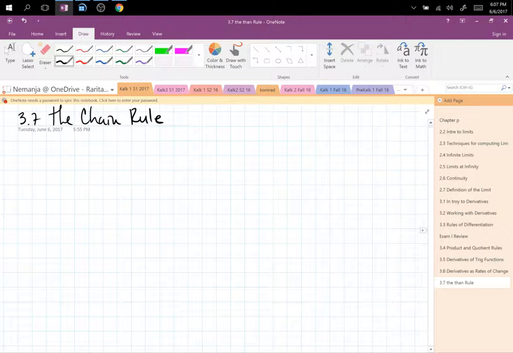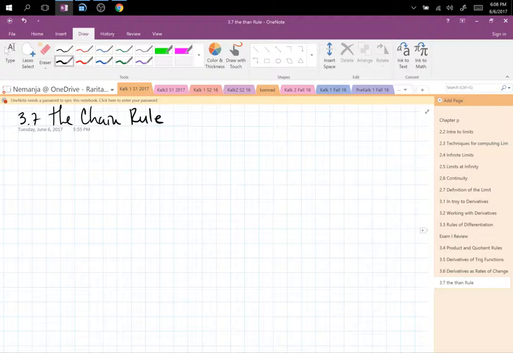Hello and welcome back to Calculus 1, the chain rule. The most important and the most precious of all derivative techniques, and by far the most frequent, most used. We are going to take a look at how to take derivatives of composite functions.